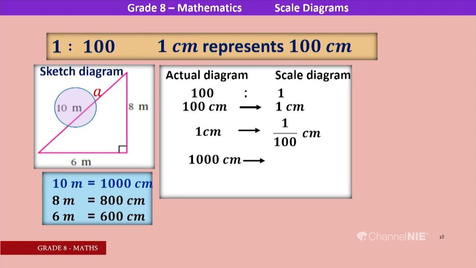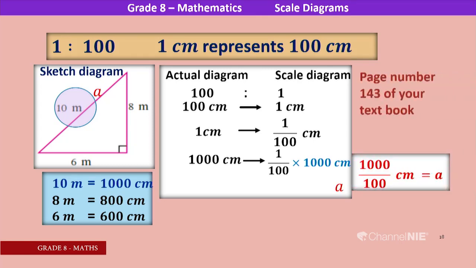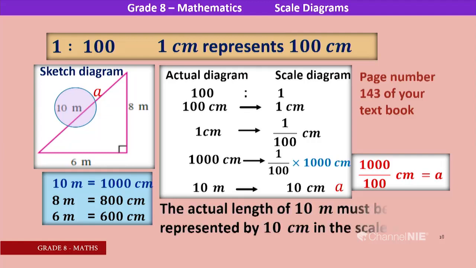Then we want to draw 10 meters, it means 1000 multiplied by 1 over 100. Now you have 10 centimeters. 10 meter means 10 centimeters. The actual length of 10 meter must be represented by 10 centimeter in the scale diagram.